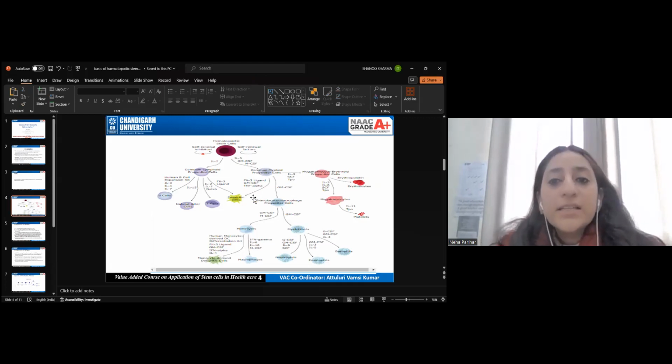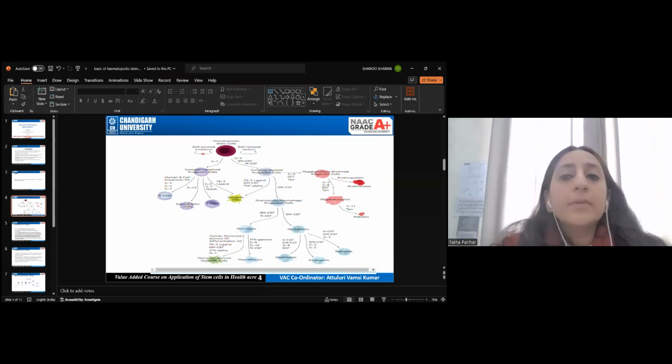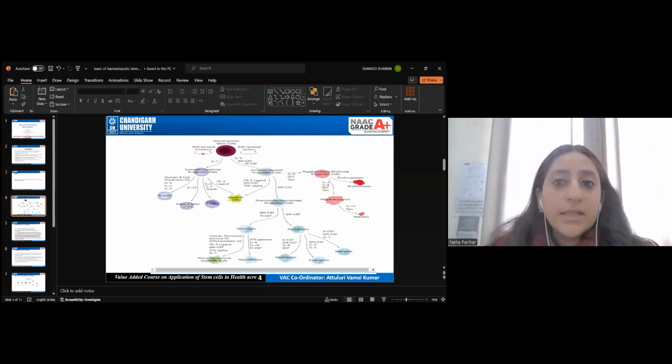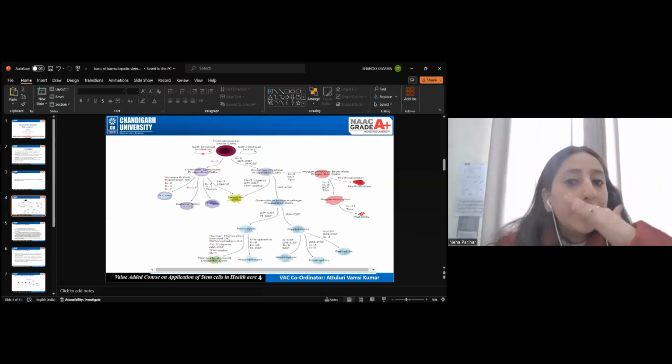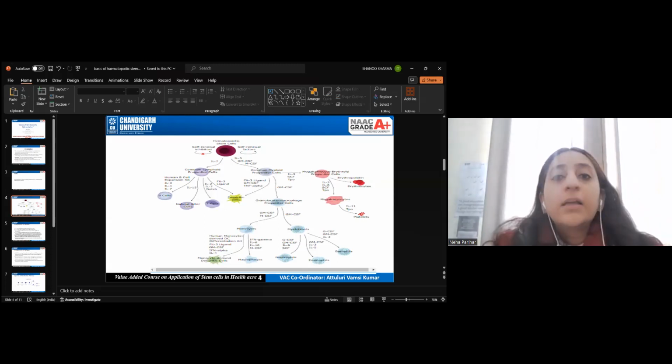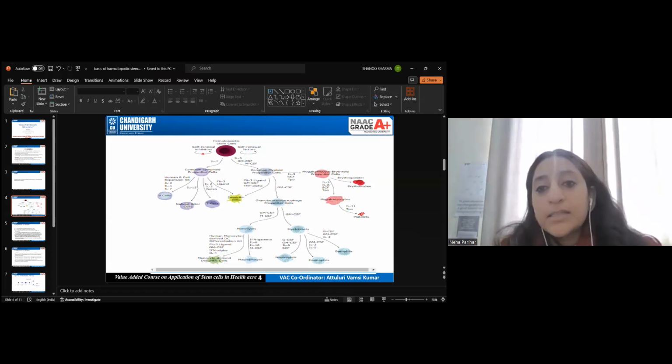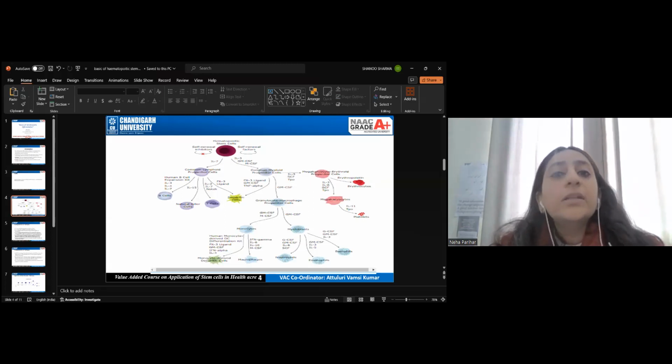Now the last ones: there are two more progenitor series. One is megakaryocyte and another one is erythrocyte. What will happen in the megakaryocyte series? We have TPO. All of you have seen this TPO. This is thrombopoietin, and this is interleukin 3.